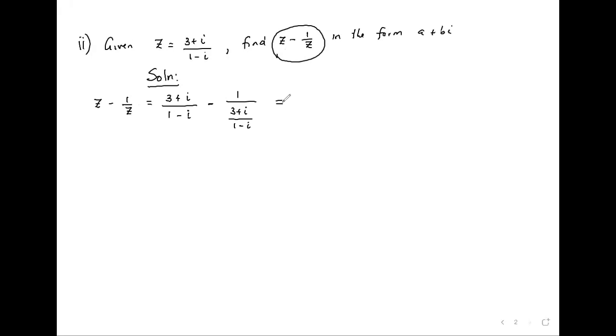So what happens? This will be 3 plus I over 1 minus I, minus. We rewrite this part here.